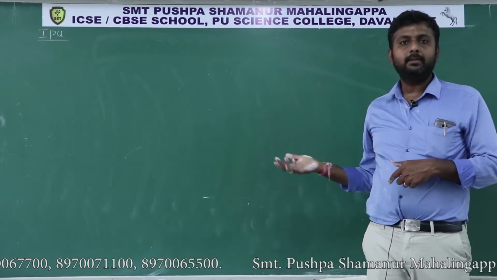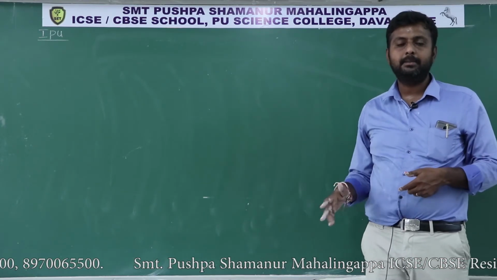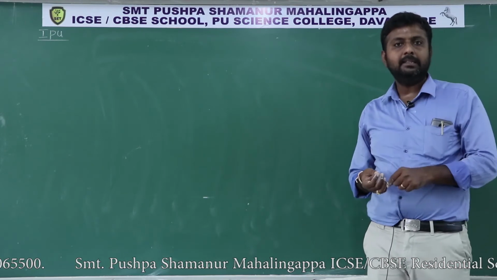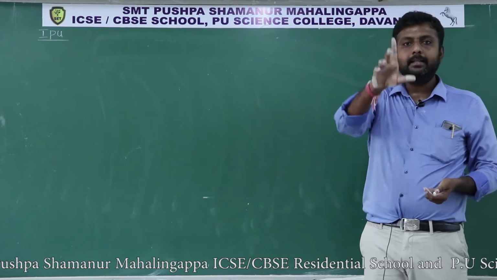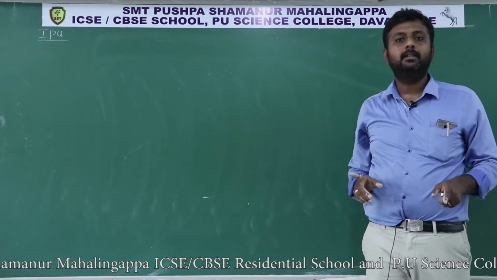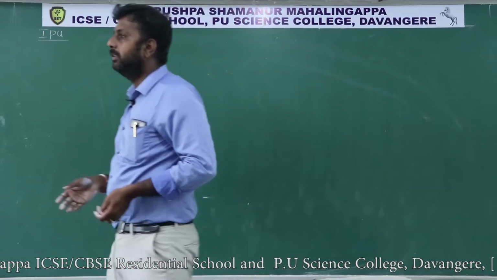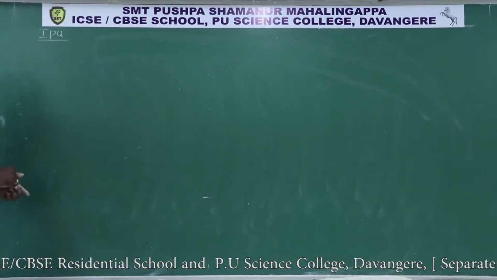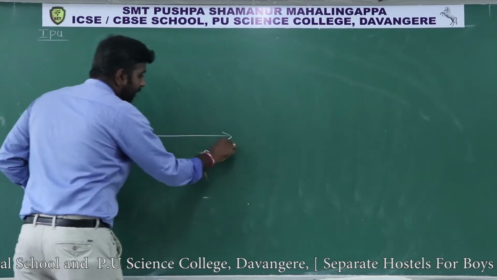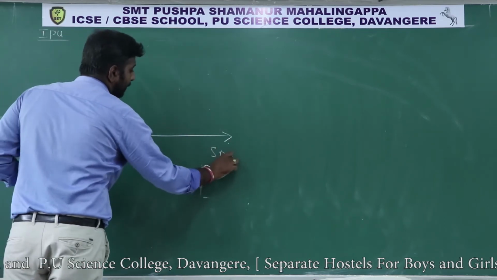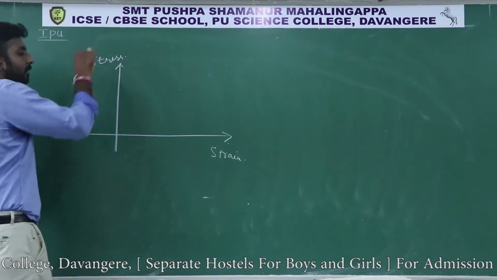So how do we consider which material is more elastic and which is less elastic? The material that needs a large force to produce a small increase in length is more elastic. So here steel is more elastic than rubber. Then how does rubber behave? For that we can plot a graph between stress and strain.